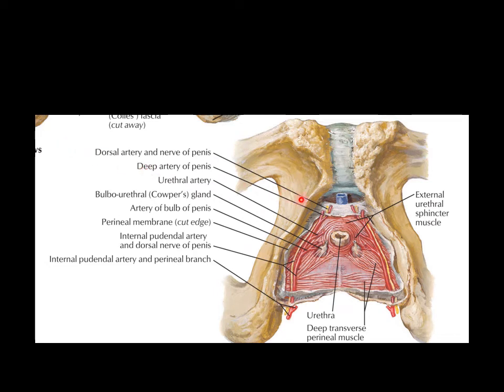In front we can identify the transverse perineal ligament, and above we can identify the superior fascia of the urogenital diaphragm, and below we can identify the perineal membrane. It is also called the inferior fascia of the urogenital diaphragm, and behind we can identify the fusion of the perineal membrane with the superior fascia of the urogenital diaphragm.